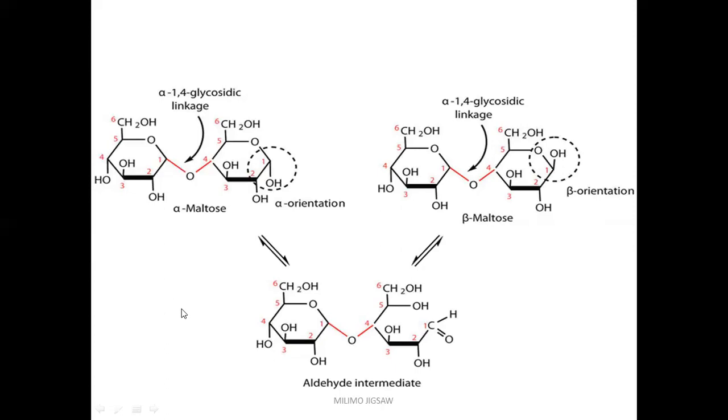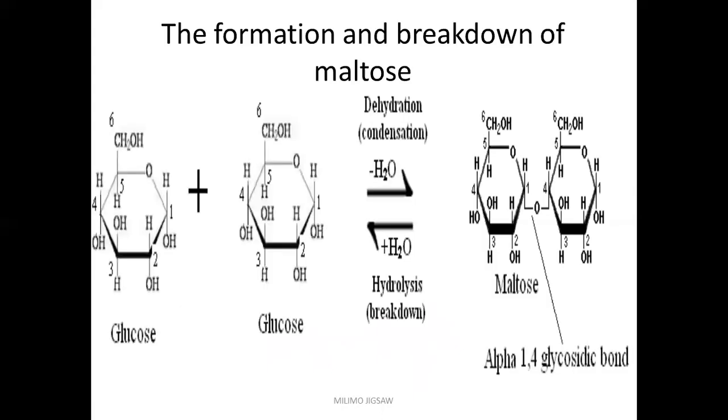Maltose is an important intermediate during the production of fermented beverages, things like beer, during the fermentation of beer from cereals. For example, when you're making beer from barley or millet or maize or rice, maltose is a very important intermediate during that process.